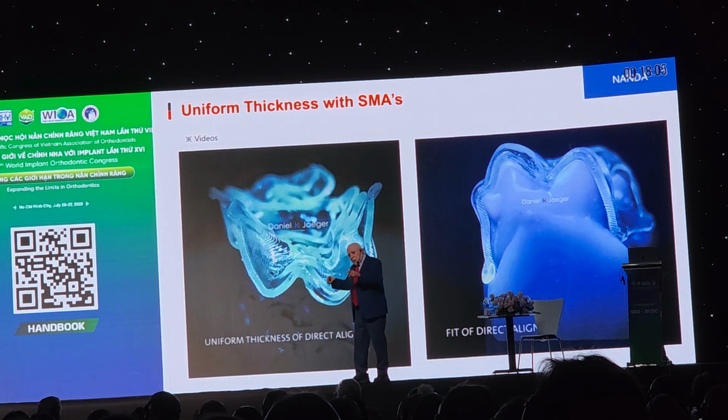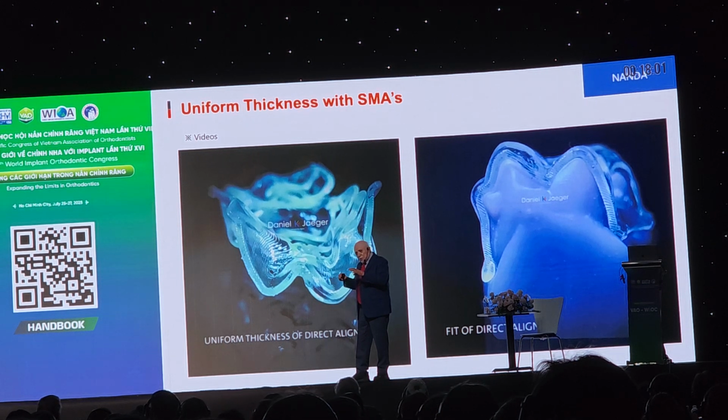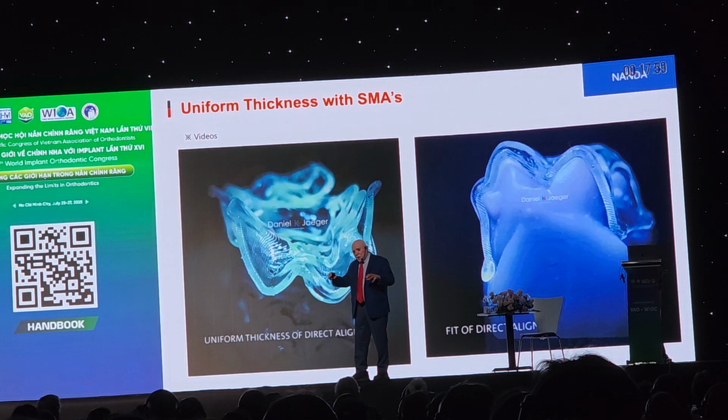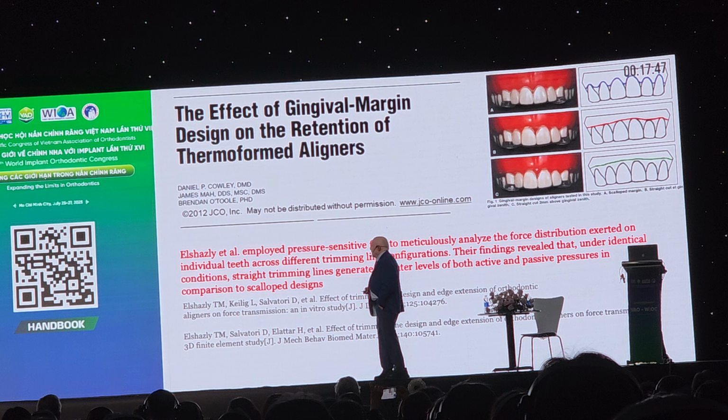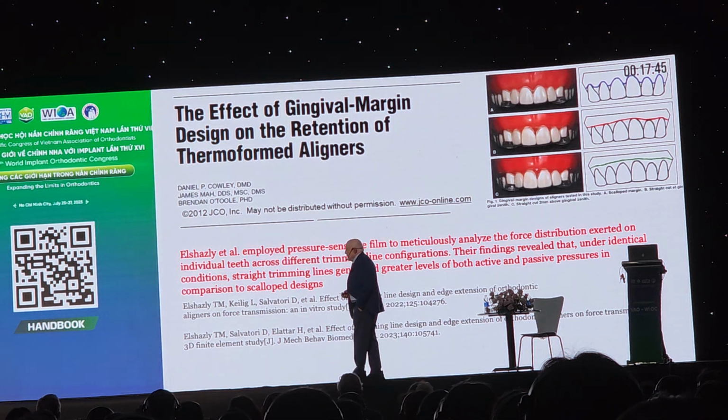With our planning in the software phase, we can thicken one tooth, thin another one. We can even have certain areas thin if you want to rotate the teeth, or thicker material. You can do all these things. I'll show you some other pictures as we go along.